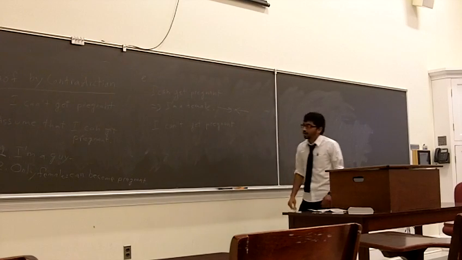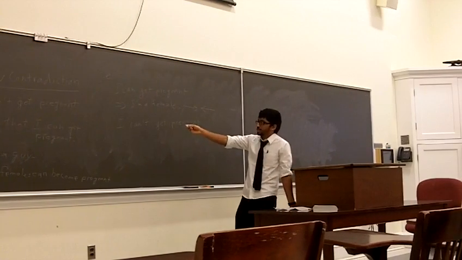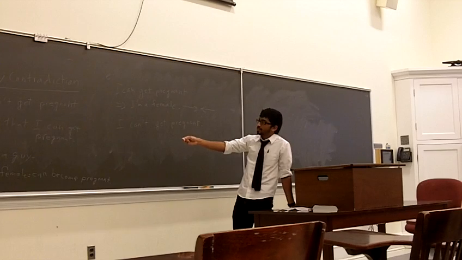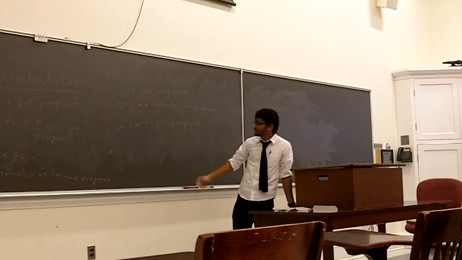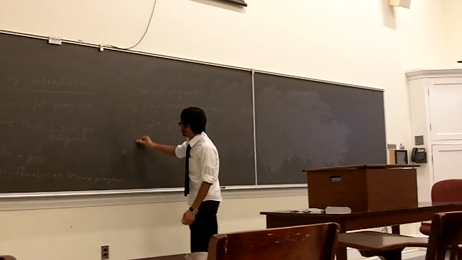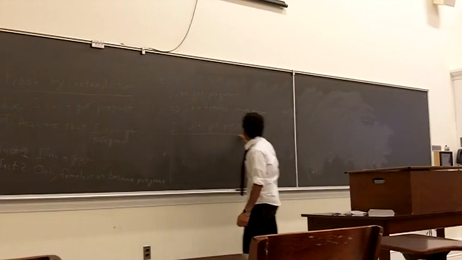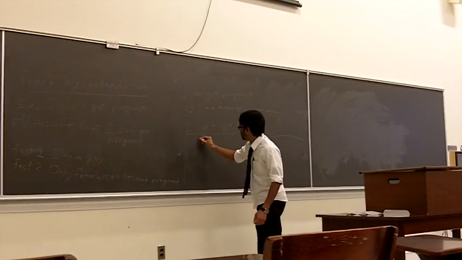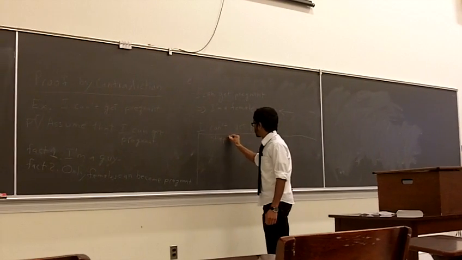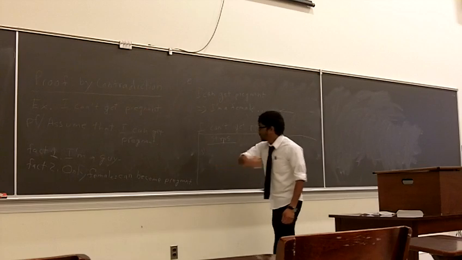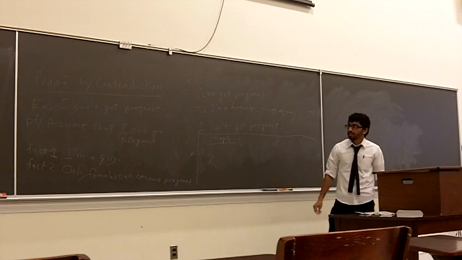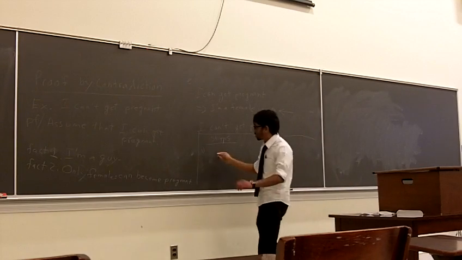So what did we do? We made a statement, and we contradicted it. So we can write down the steps of proof by contradiction. First step would be to contradict the statement that we're trying to prove.